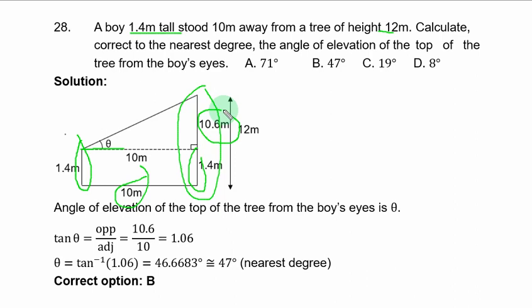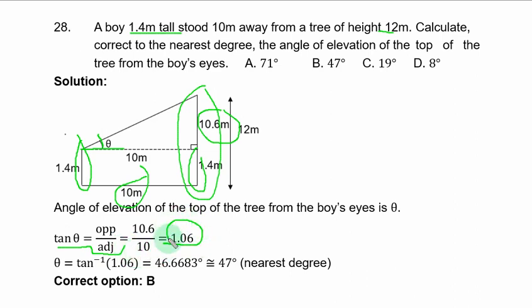The angle of elevation of the top of the tree from the boy's eyes is this. So if you look at the upper triangle, you can use tangent to get that angle. So tan theta is equal to opposite over adjacent, that is 10.6 over 10, and you have 1.06.